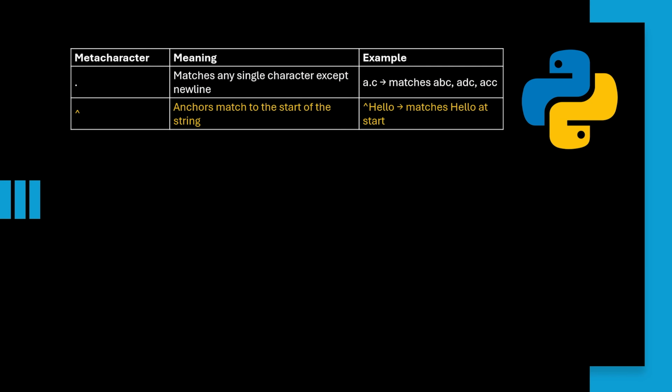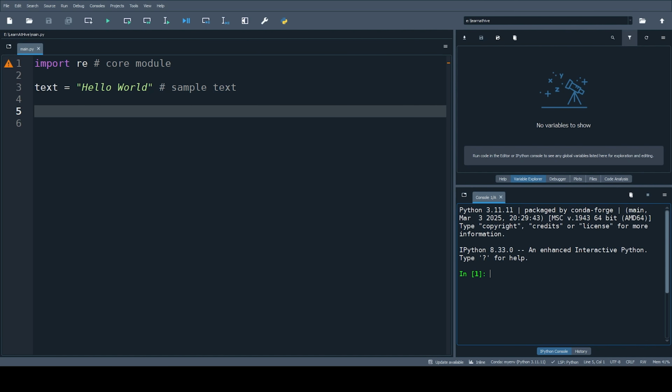So our next meta character is caret. It anchors the match to the start of the string. So ^hello would only match if hello appears right at the start of the line. Here is our sample text, and we will search for the ^hello pattern in it.